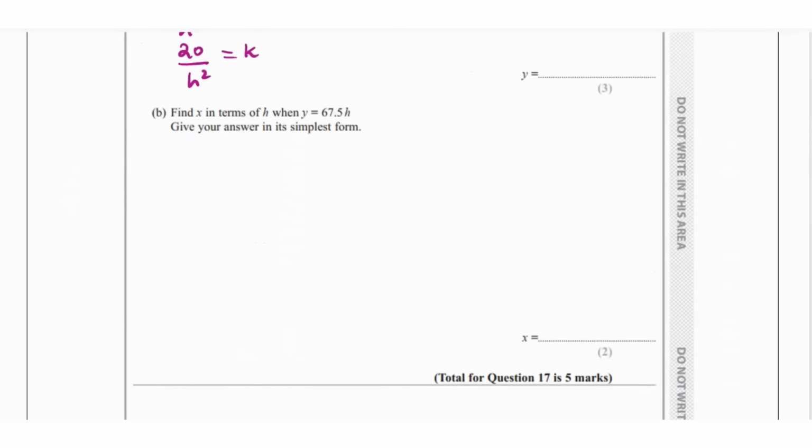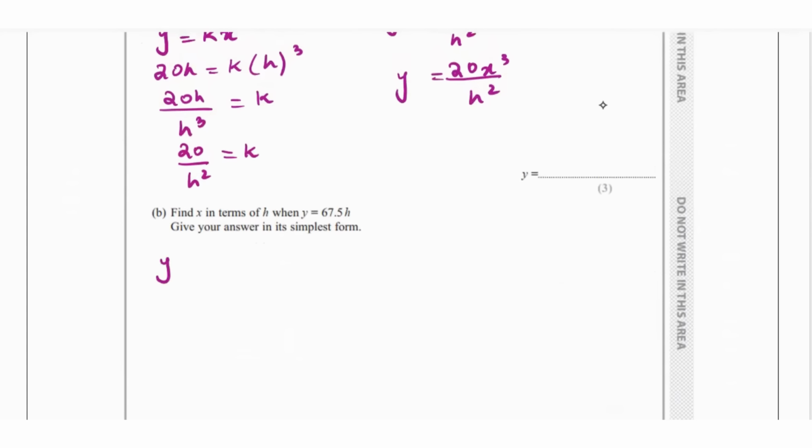Then find x in terms of h when y is 67.5h. So y is 20x cube over h square.